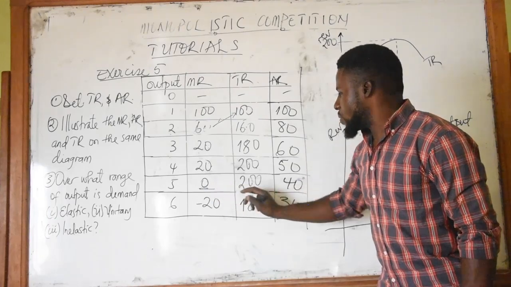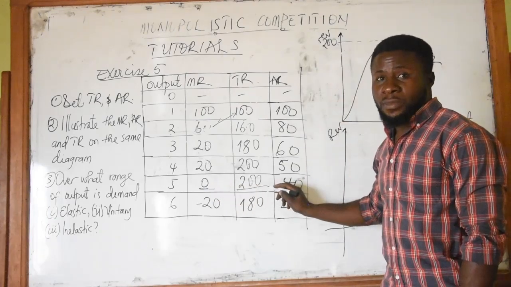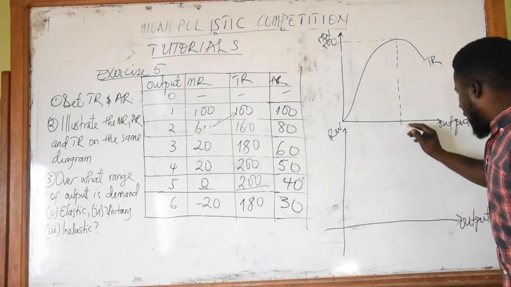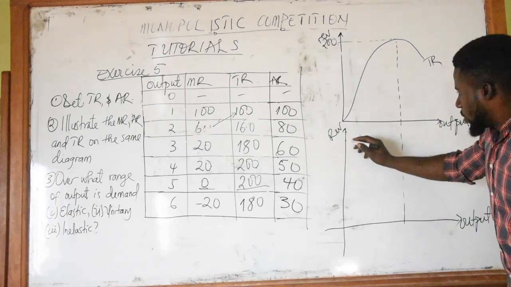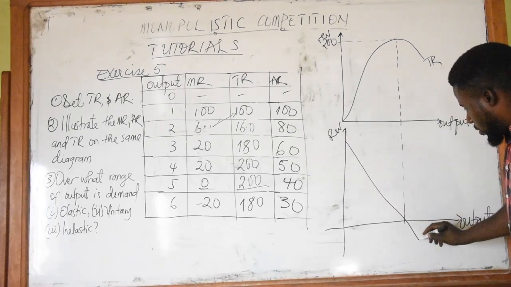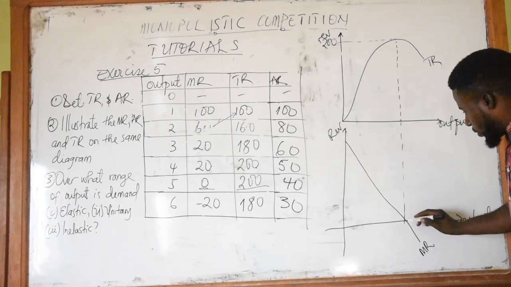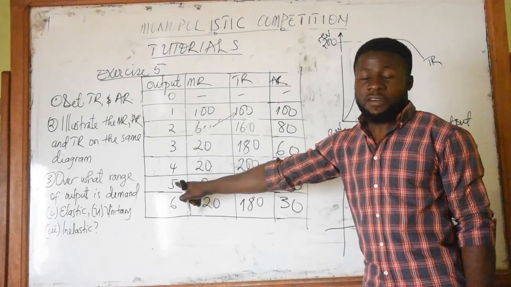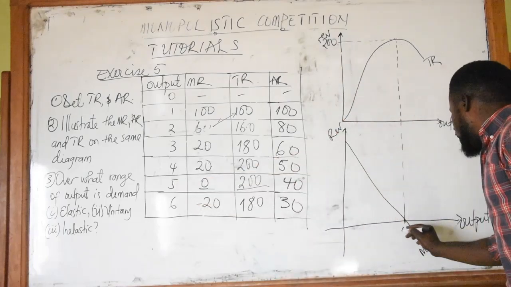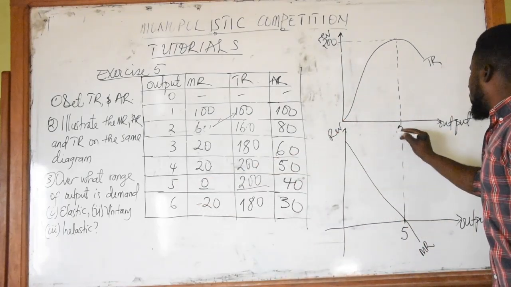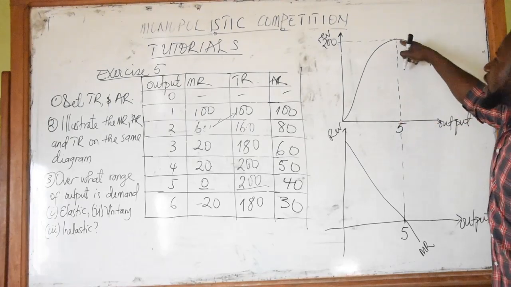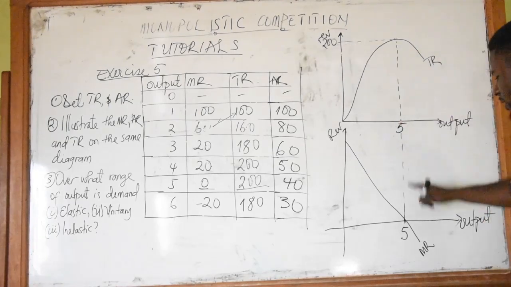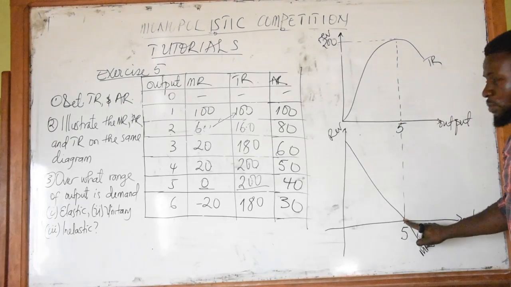Marginal revenue is 0 when total revenue is maximum. So we have MR being 0, and that is at the fifth output level. So at the fifth output level, total revenue is highest at 200. Marginal revenue is 0 at the fifth output level.